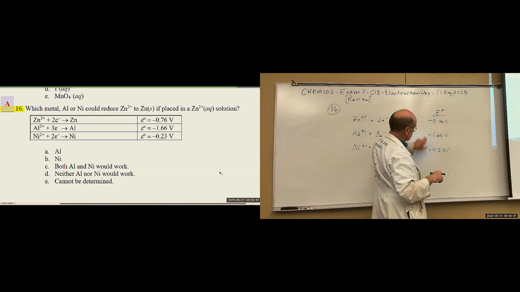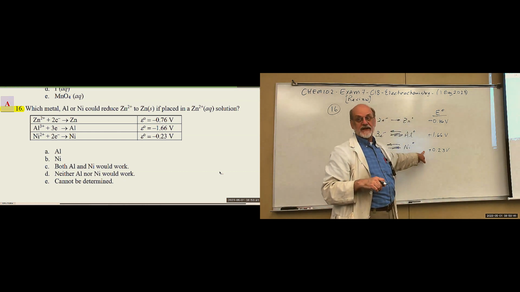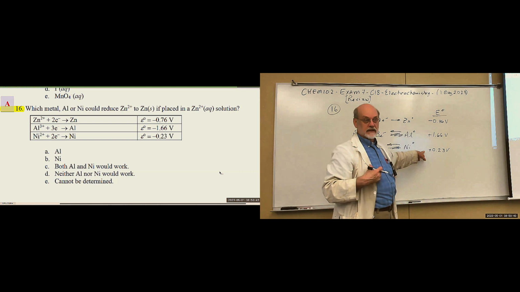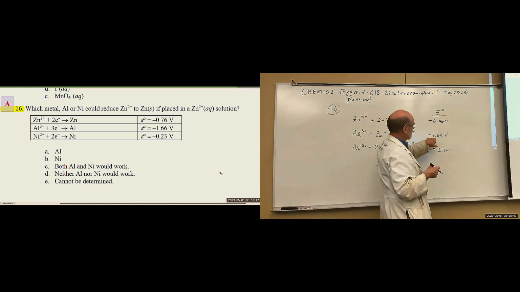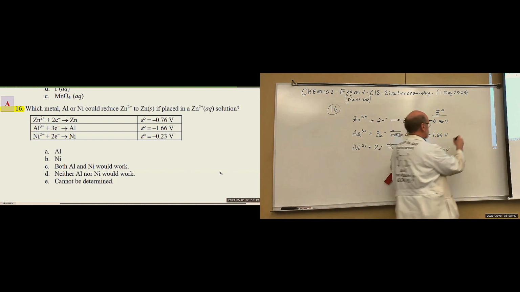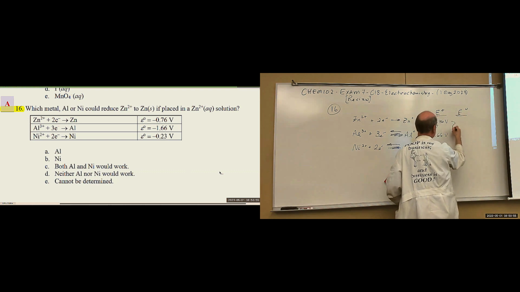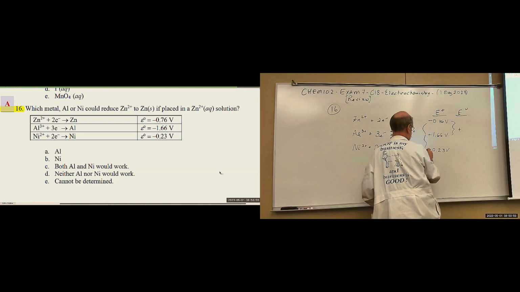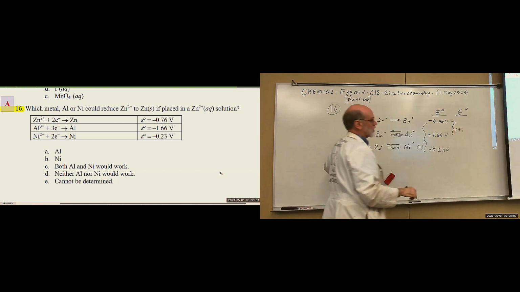Well, a -0.76 and a +0.23 is not going to work. It's not spontaneous, right? It gives you a negative value. But with aluminum, that does give you a positive value. So the E0 for the system, these two would be a positive value. These two here would be a negative value. So the aluminum is the only one that'll work.